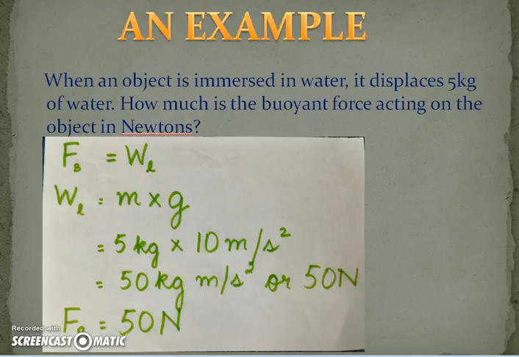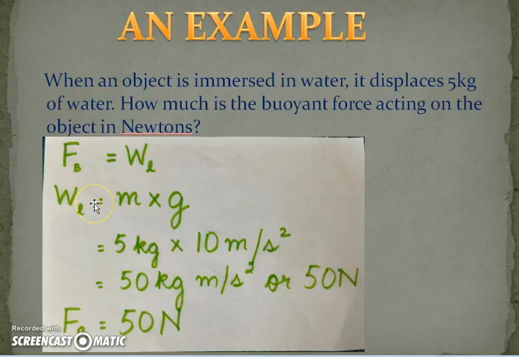Let's try to understand with an example. When an object is immersed in water, it displaces 5 kg of water. How much is the buoyant force acting on the object in newtons? So according to the Archimedes principle, the buoyant force is equal to the weight of liquid displaced.